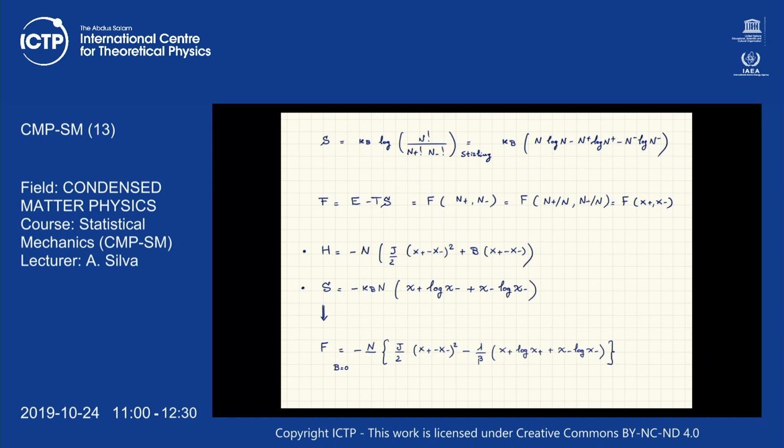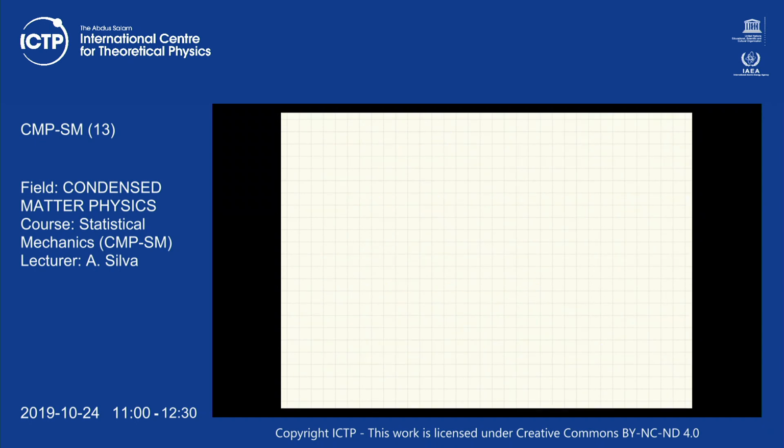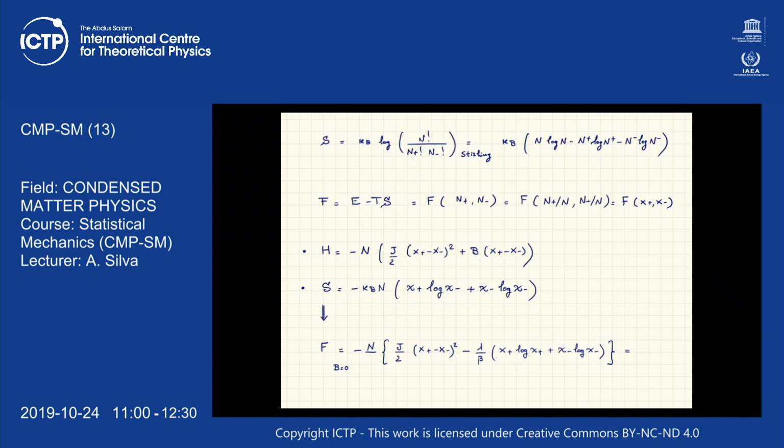And now let's look at this for a second. You see, x plus is N plus divided by N, x minus is N minus divided by N. Of course, they satisfy a constraint which is not taken into account here, and the constraint is that x plus plus x minus is equal to 1.